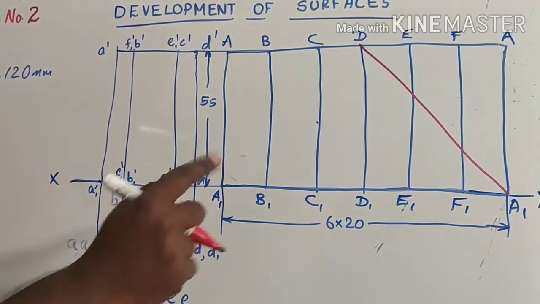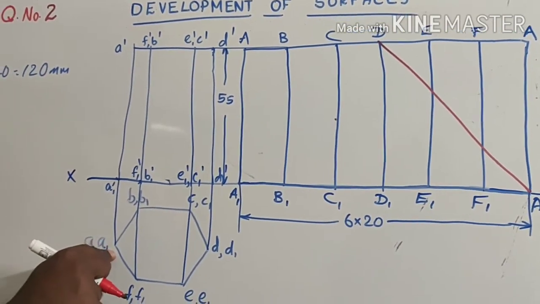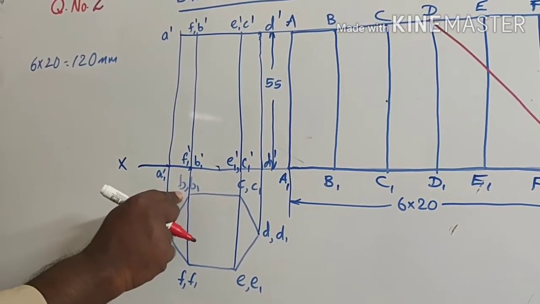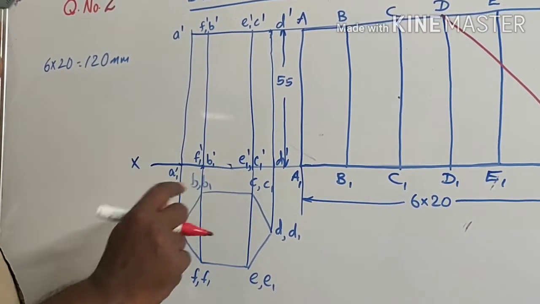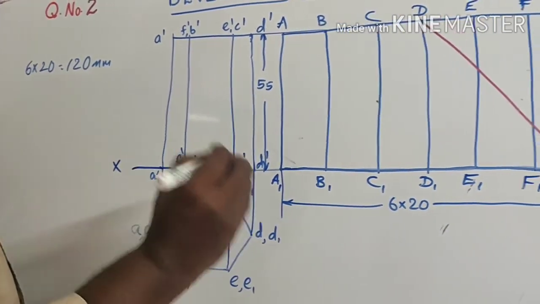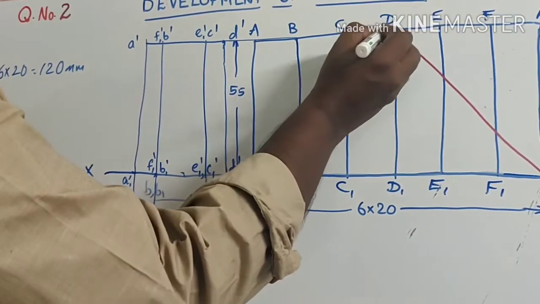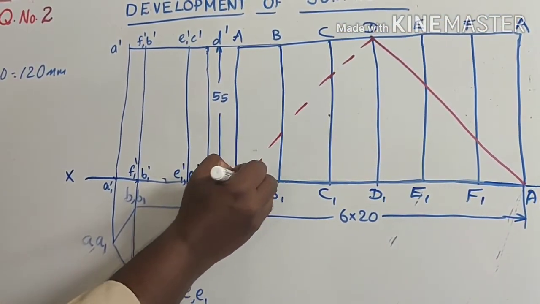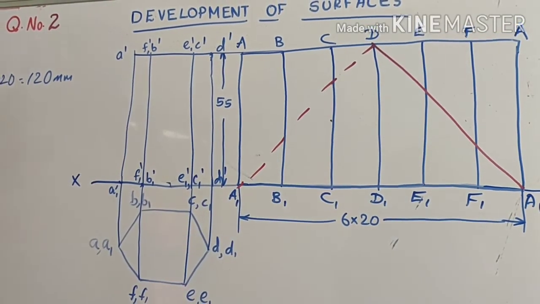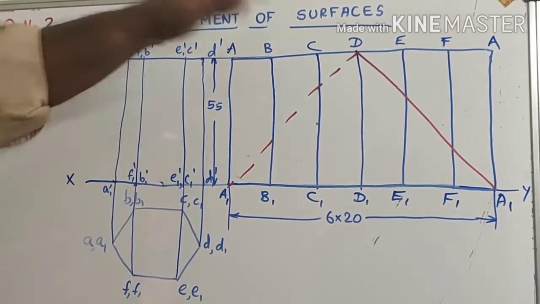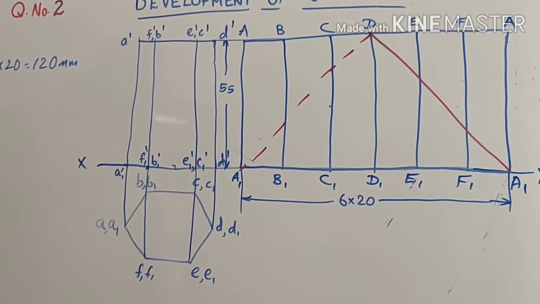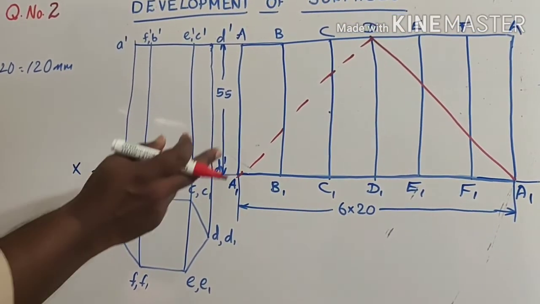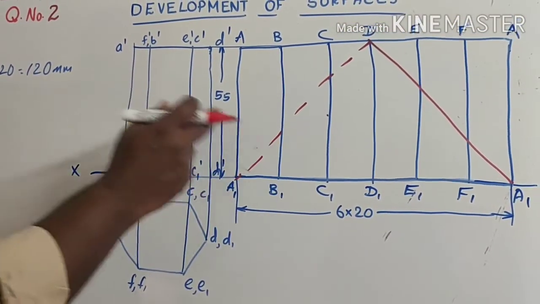But the other one is also possible. That is, it is starting from A1, then touching BB1, CC1, and DD1. It is an invisible path. So we can show a hidden path as well. Both are possible. Now, we can show this particular path on the front view.